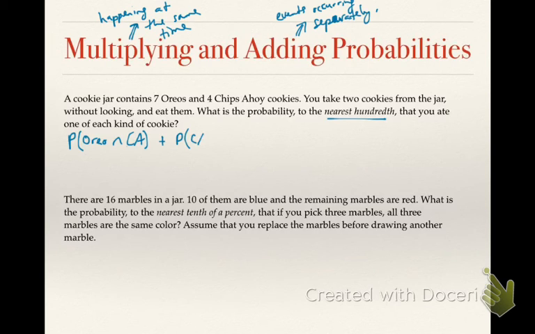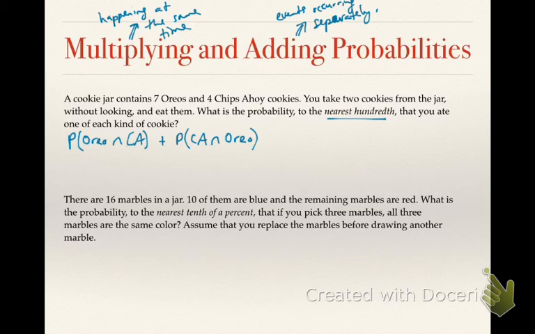You have to consider that case as well. If you pick the Chips Ahoy first, then the next one you're eating is going to be an Oreo. What is the probability of eating one of each kind? A lot of people forget this second step right here. Don't just find this first one and be done with it. You have to consider all different scenarios. You start off with an Oreo, then you go to Chips Ahoy, or you start off with the Chips Ahoy and have an Oreo next.